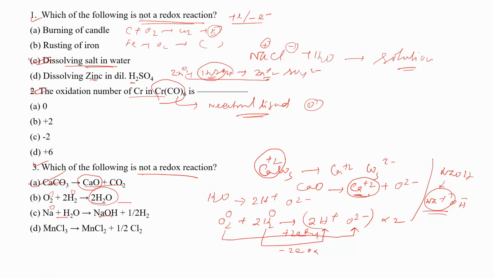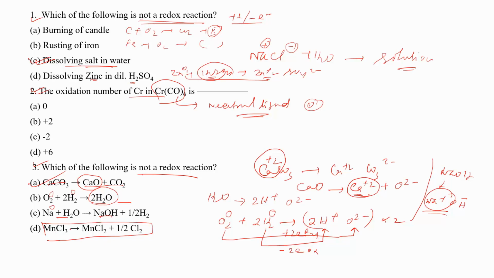Now, interesting. Here MnCl3 dissociates as MnCl2 plus half Cl2. Manganese is attached to 3 chlorines, so manganese does not have zero oxidation state.